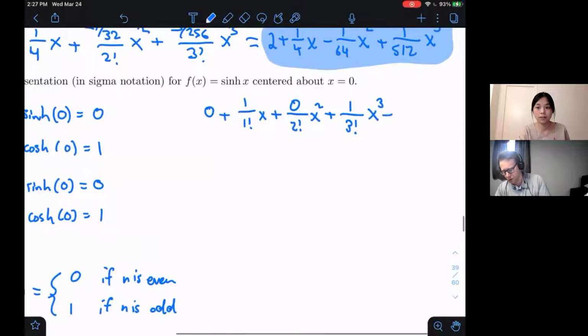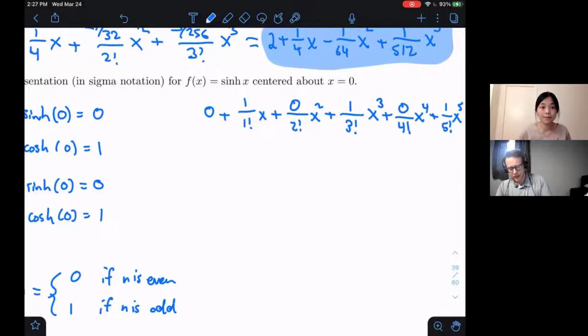If we wanted to do a few more, the next one's going to be 0, and after that we'll also go up to x to the 5th, so 1 divided by 5 factorial x to the 5th. Notice that these zeros are going to be taking out all of our even terms, and all we're going to have is just our odd terms.